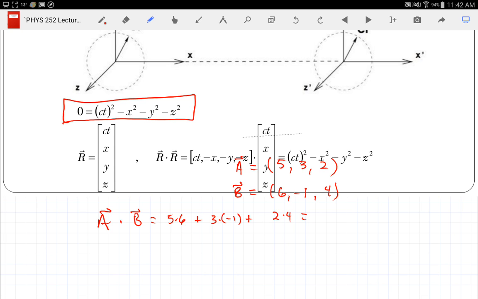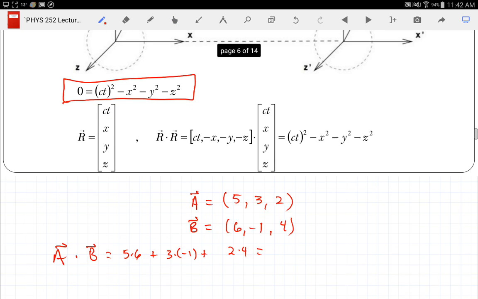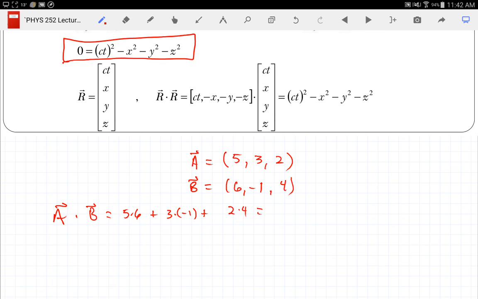The wonder of layers is that these are on different layers, so I can move one without respect to the other. By the way, 30 minus 3 plus 8: 30 minus 5 is 25. So there, just to finish it out.